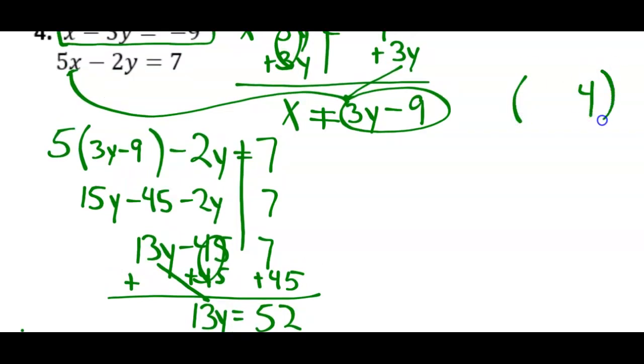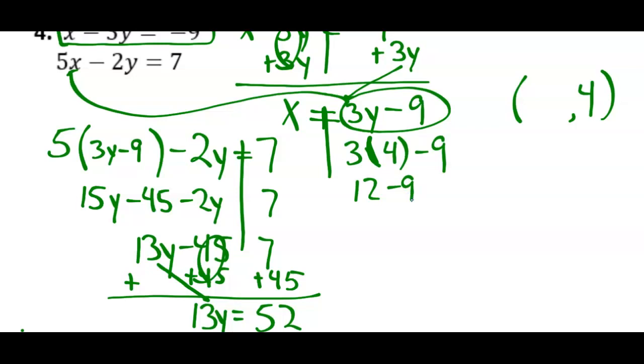So I can start my answer by writing my ordered pair. And my y is equal to 4. Now I have to figure out what my x is. How am I going to do that? I'm going to use this: x equals 3y minus 9. So instead of that y, I'm going to put my 4 there. That will give me 12 minus 9.